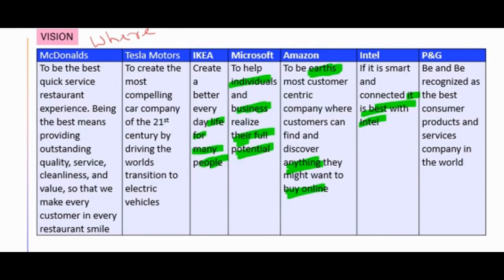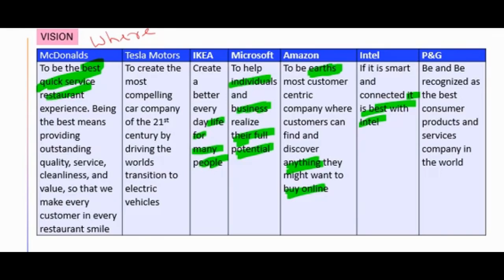So another famous one is McDonald's. All of you must have gone to McDonald's to eat French fries, right? Famous dish for your kids. So now what McDonald's says: to be the best quick service restaurant. So they are saying quick, best service.